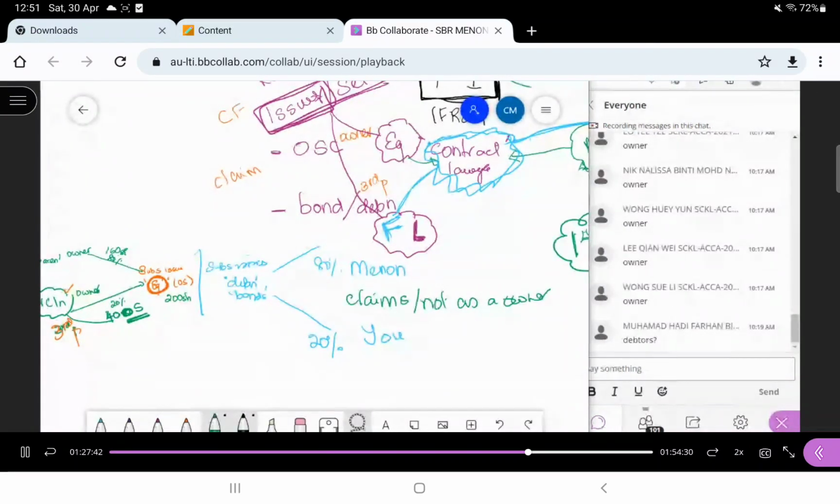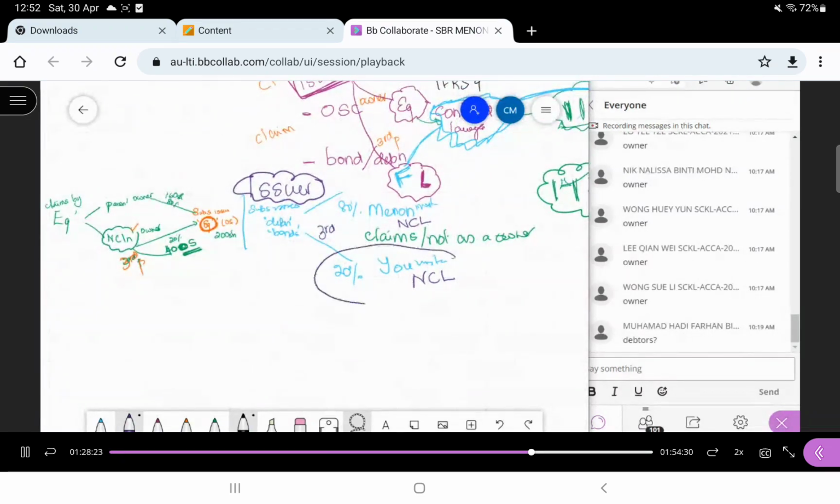Not as an owner. So when Menon buys the bonds, you buy the bonds, we are both investors, but we're not doing investor books. My question is, who are you in the books of the issuer? Both Menon and you are claims from a third party, and hence NCL.